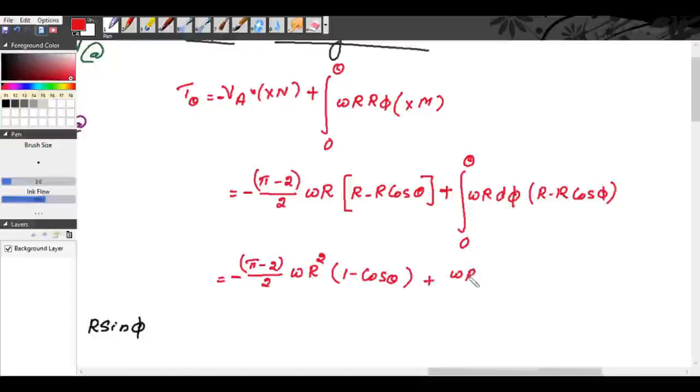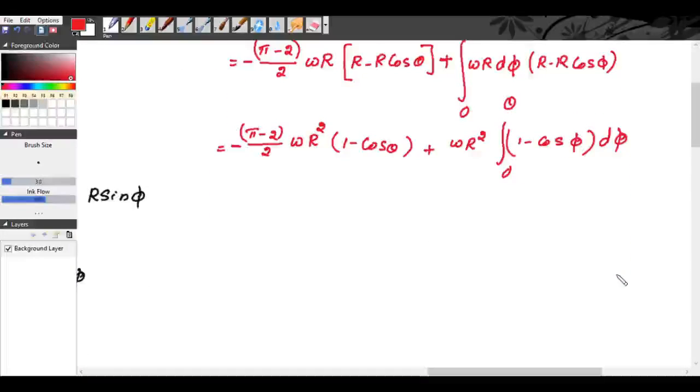So you get WR square into integral 0 to theta 1 minus cos phi into d phi.